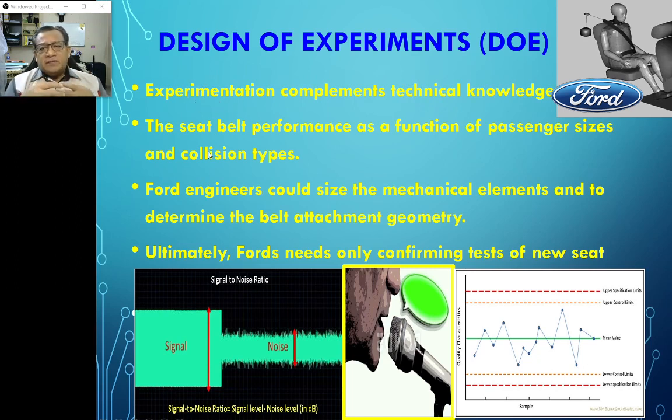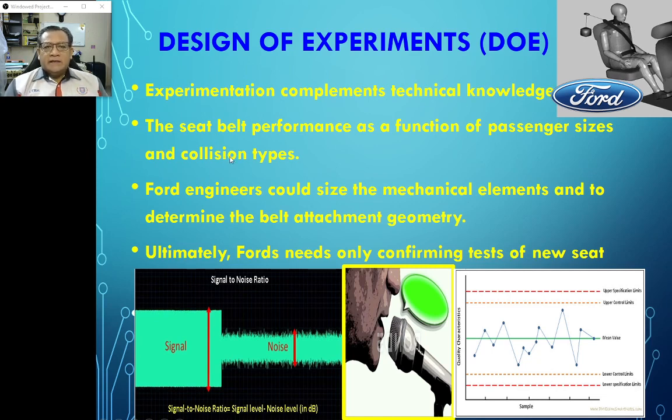So the seat belt performance is a function of passenger size and the type of collision. In order to determine the best seat belt performance, it depends on passenger size, how big the person is, and what type of collision the car is experiencing.